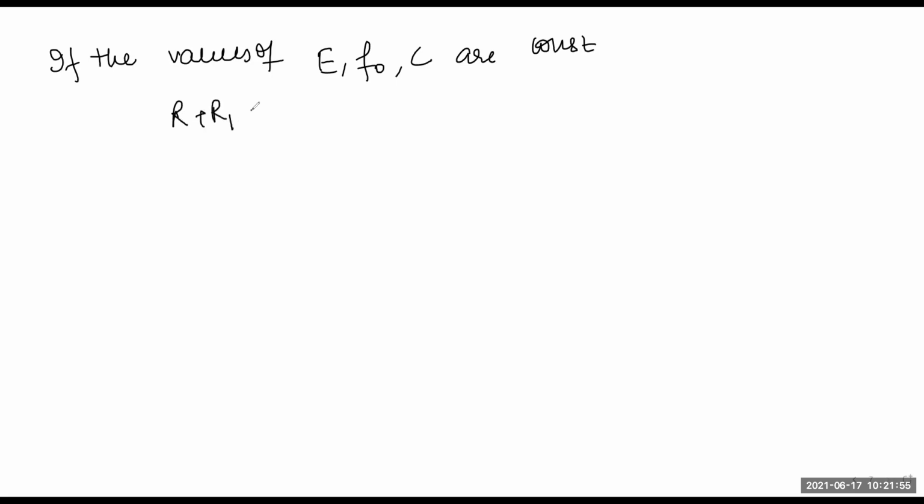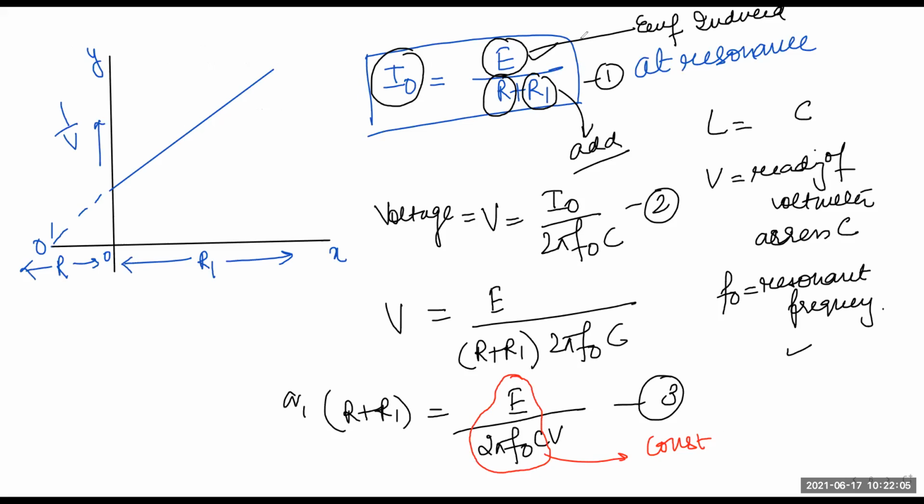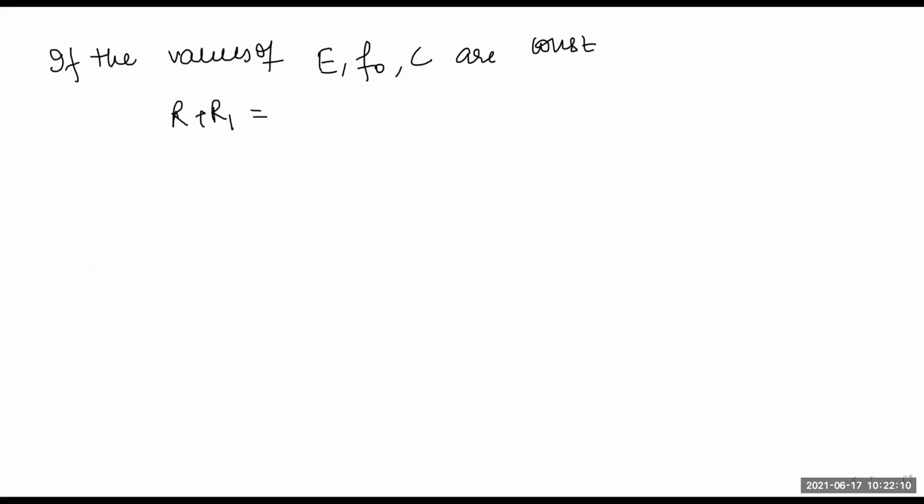R plus R1, and that portion E upon 2 pi F0C, we now consider as K. So remember, this constant we take as K. Moving to the next page, we can write this equation as K divided by V. This is my another equation, equation 4, the previous equation was 3. Where K is constant and K is E by 2 pi F0C.